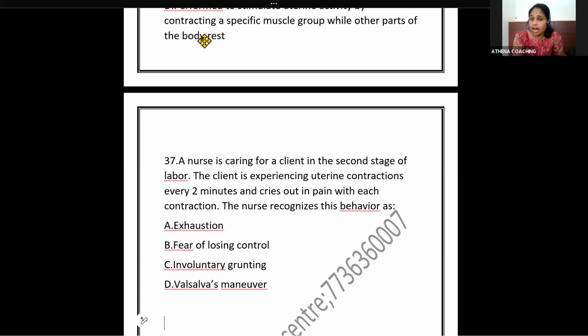First of all, you should understand the question. Here, the patient is experiencing uterine contractions every 2 minutes, which means strong contractions, and the patient cries out with the pain with each contraction.